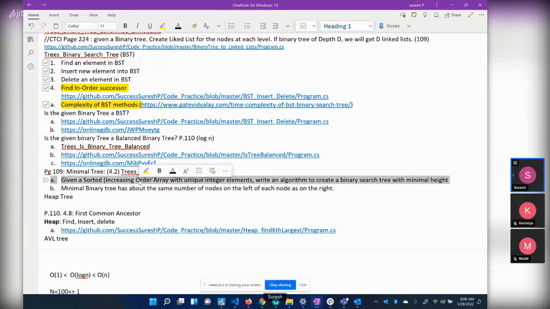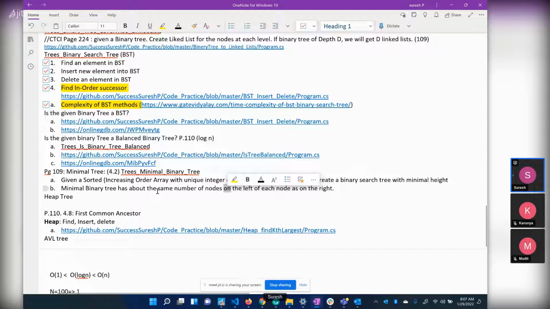So they will give you a sorted array, and we need to construct a binary tree with minimal height. A minimal binary tree has about the same number of nodes on the left of each node as on the right. Basically it is almost the same.